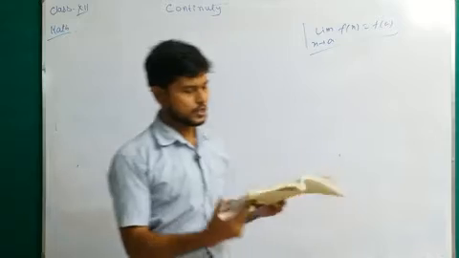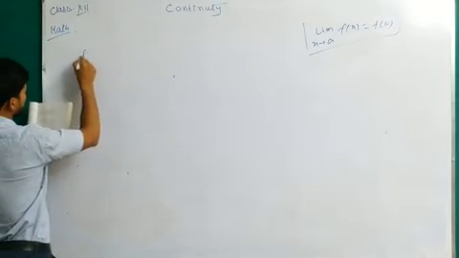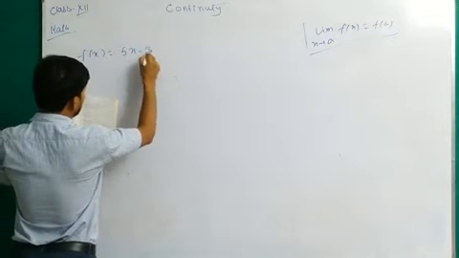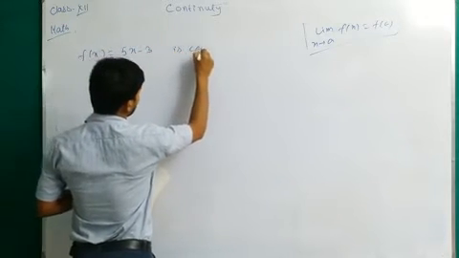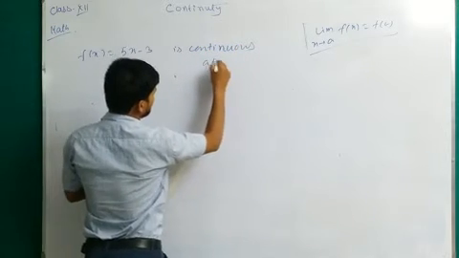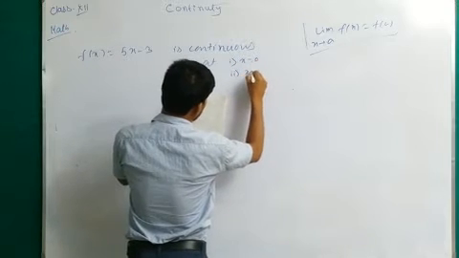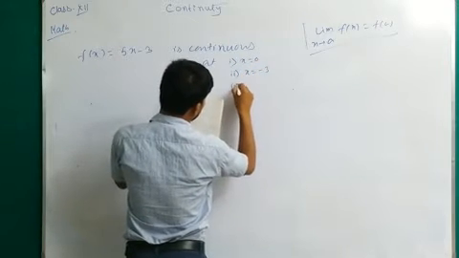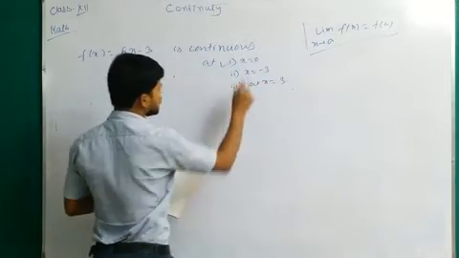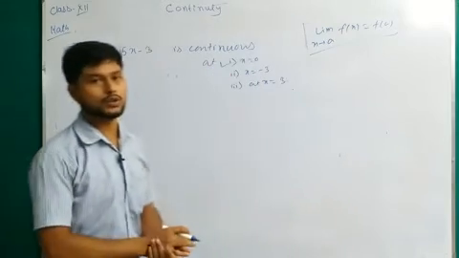The first question is, prove that the function f of x equal to 5x minus 3 is continuous at number 1, x equal to 0, number 2, at x equal to minus 3, and number 3, at x equal to 3. So we'll show whether the curve is continuous at x equal to 0 or not.